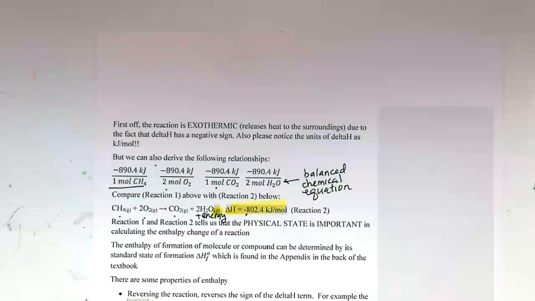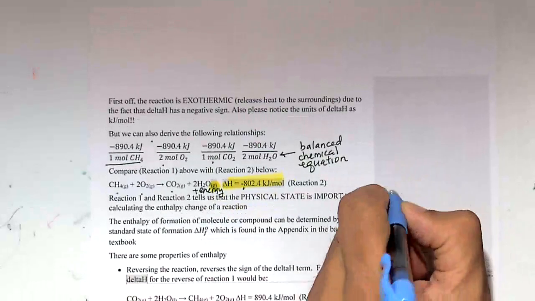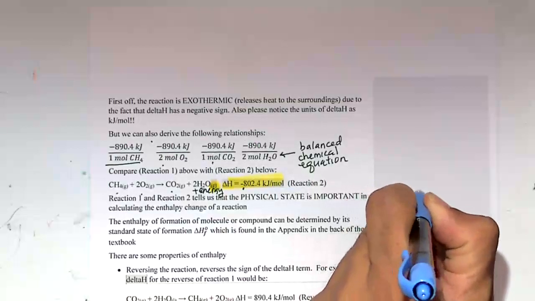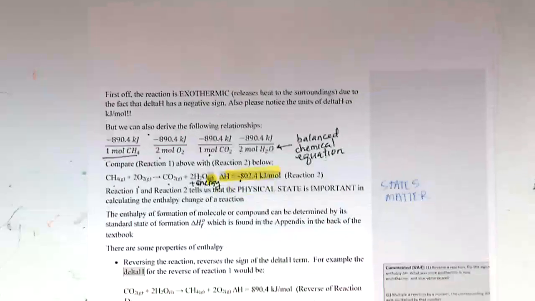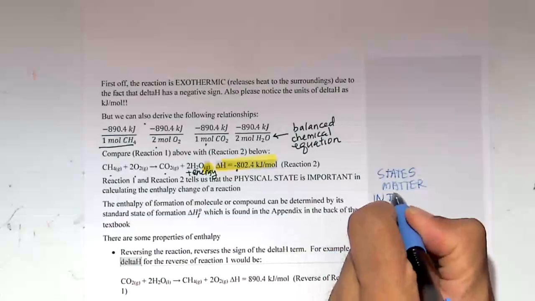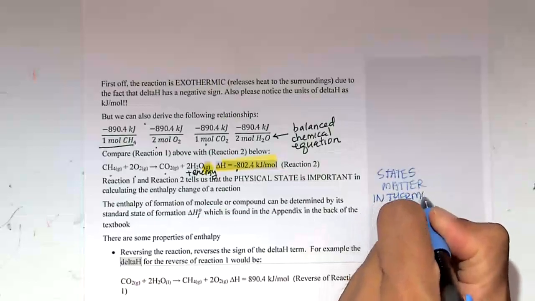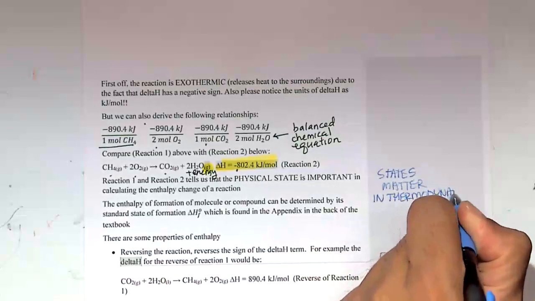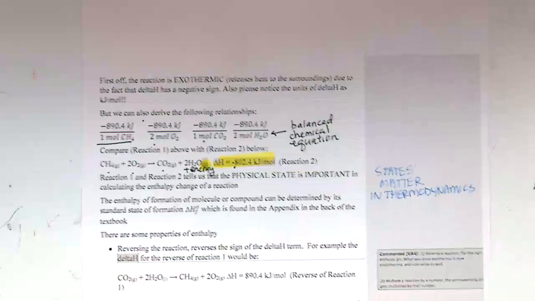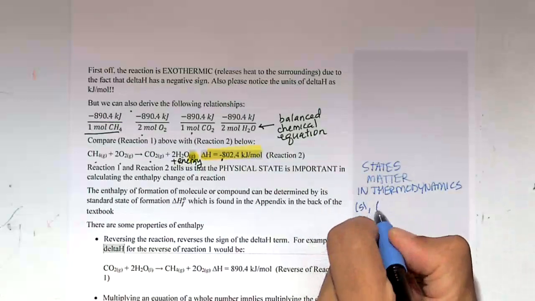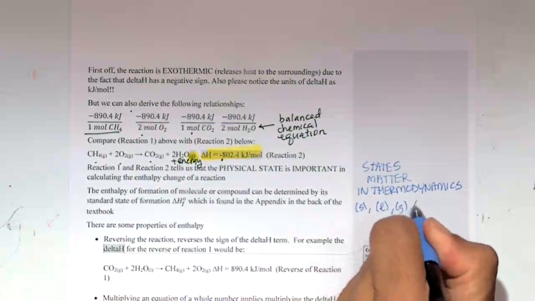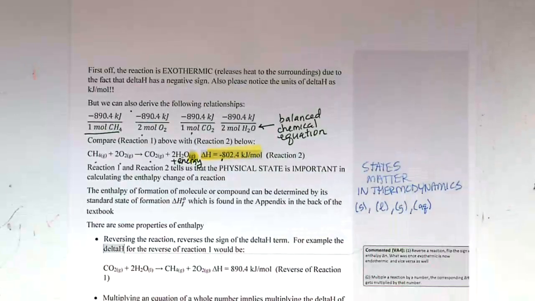What's the point here? The take-home point is that states matter. Whether it's a solid, a liquid, a gas, or aqueous, all of these will have different delta H values.